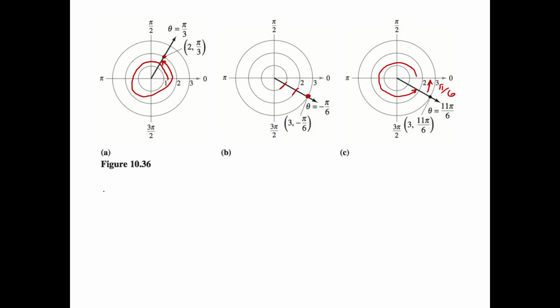And so then the point (2, pi over 3) has the exact same location as the point (2, 7 pi over 3).